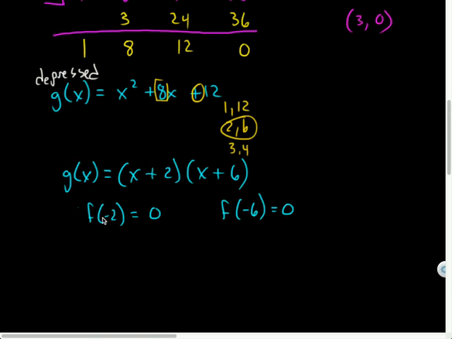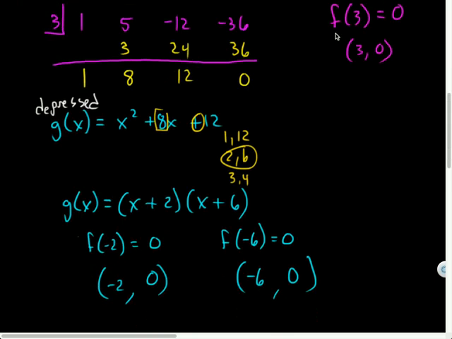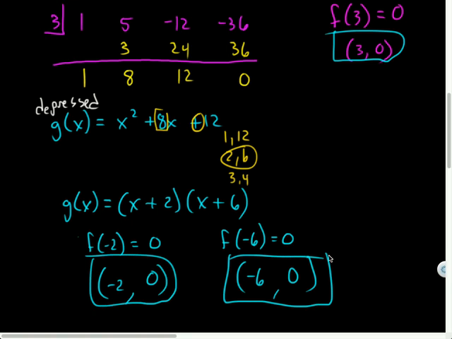So what are these x-intercepts, if I want to write them as points? That would be negative 2, 0, and negative 6, 0. So my x-intercepts for all of these are those points.